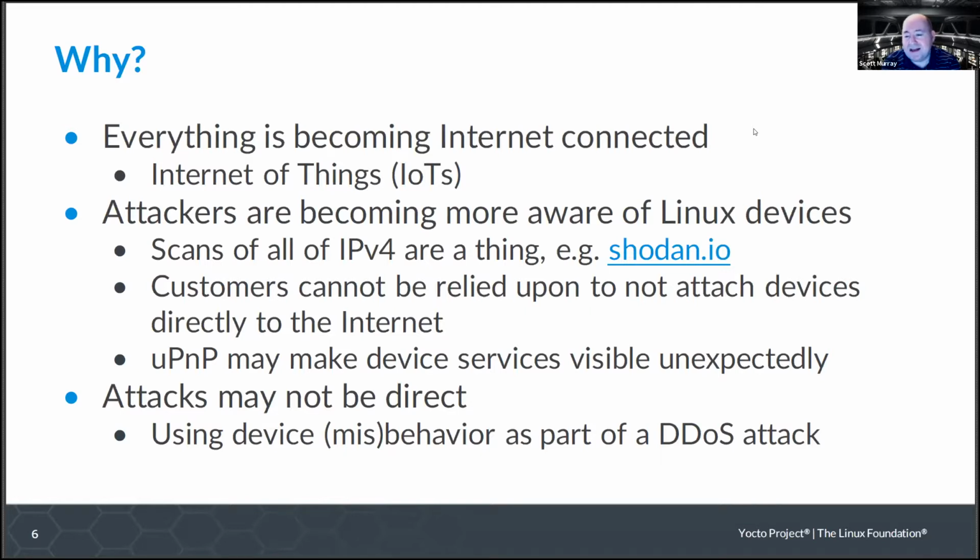All of a sudden you're getting calls from reporters. And as well, attacks may not be direct. It's common now to see denial of service attacks using very large botnets, or even using a behavior of a service exposed on your device that's exploitable to drive traffic as part of a denial of service attack.